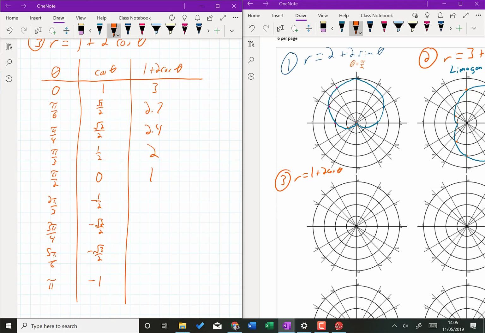Take a breather. Move on to second quadrant. Here we go. 1 plus negative 1, 0. 1 minus root 2, which is 1 minus 1.4. Then 1 minus root 3. Then 1 minus 2.